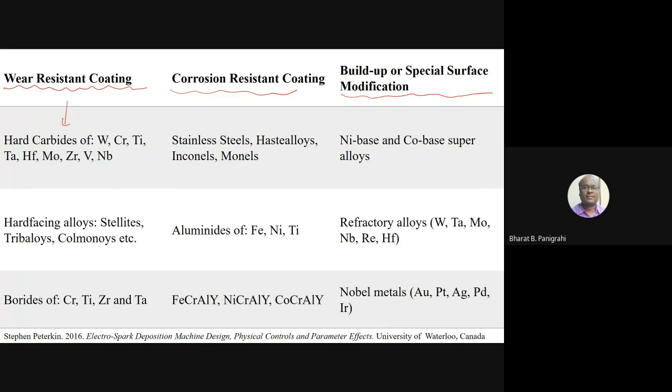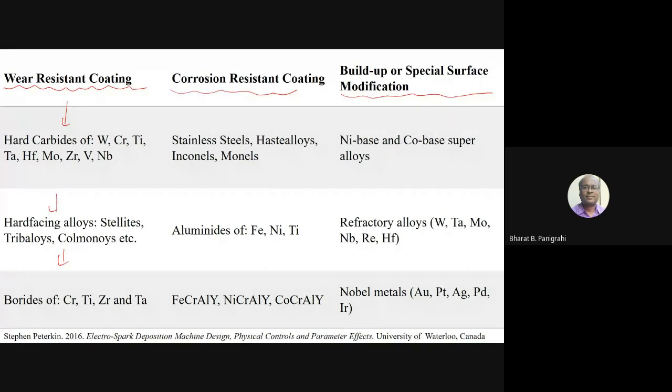You all know that most wear resistant coatings are made of hard carbides, which typically come from the tungsten, tantalum, hafnium, molybdenum group. And then we have a lot of steels, tribaloys, and of course some of the borides, which are also known coating materials.